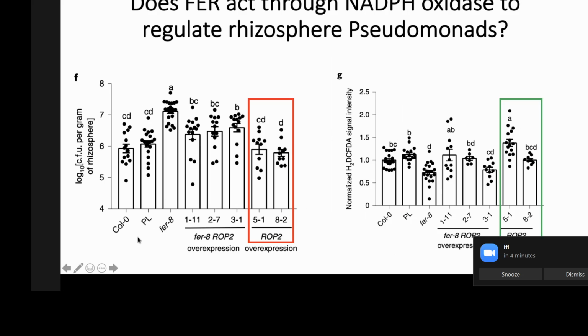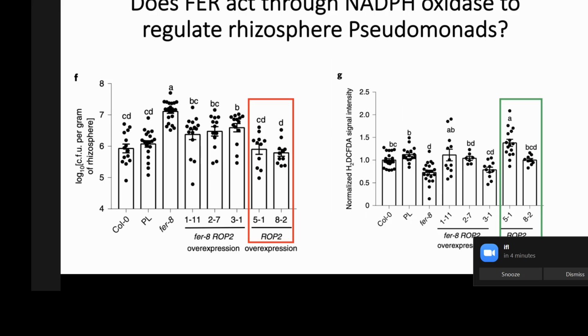But I think what they're trying to do is ask, as the sentence on top says, does FAIR act through NADPH oxidase? So if you disrupt FAIR, you've failed to turn on ROP signaling, and you failed to turn on the oxidases.